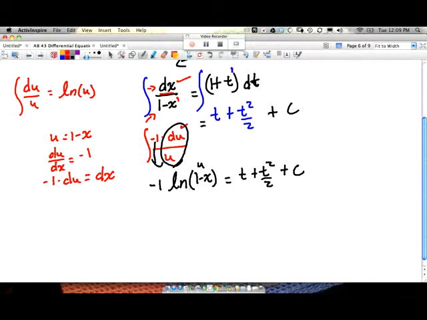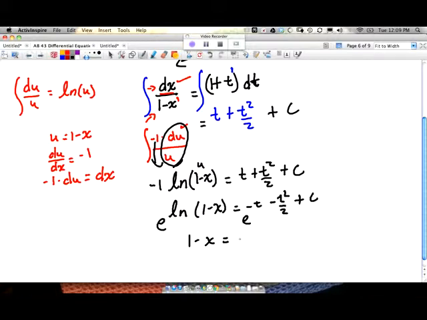The algebra from here, somewhat challenging because we got to get rid of this negative 1 first. So we have natural log of 1 minus x equals negative t minus t squared over 2, and then with this plus c, it doesn't matter if it's positive or negative. Then you would do the e on both sides. You get 1 minus x equals all of this stuff.